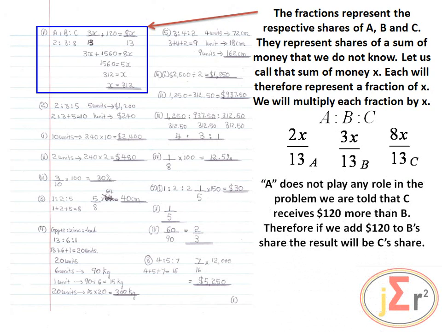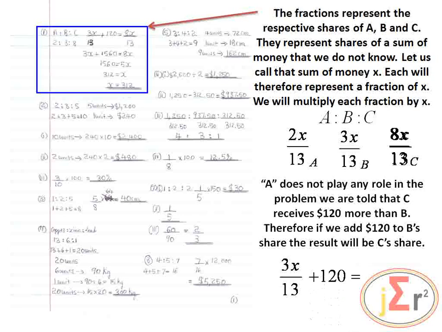A does not play any role in the problem. We are told that C receives $120 more than B. Therefore, if we add $120 to B's share, the result will be C's share.